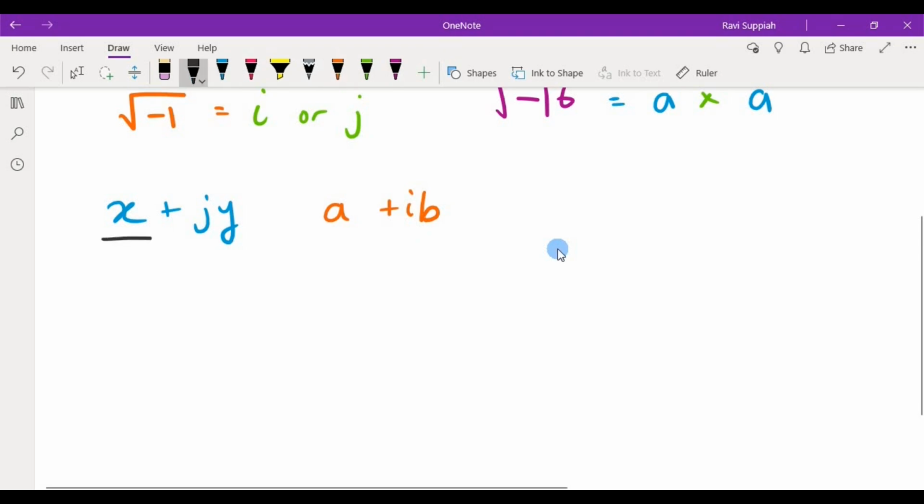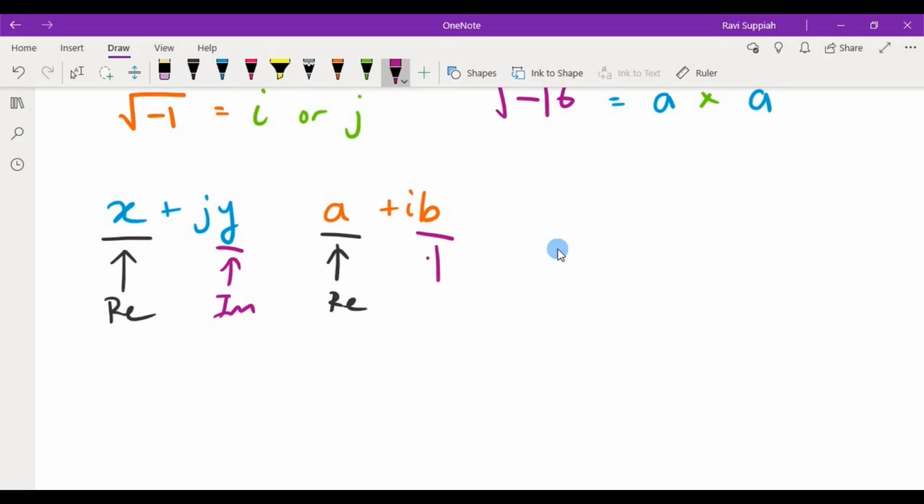The first part of the number, the number without the i or the j, is what we call the real part of the number. The second part is the number with the i or j, and that is the imaginary part of the number.